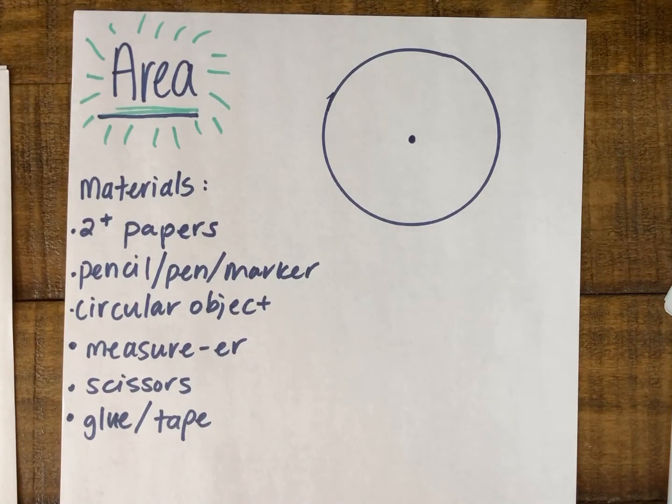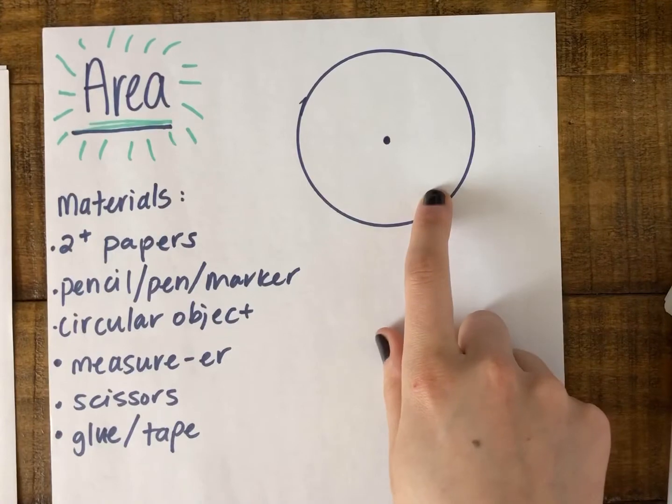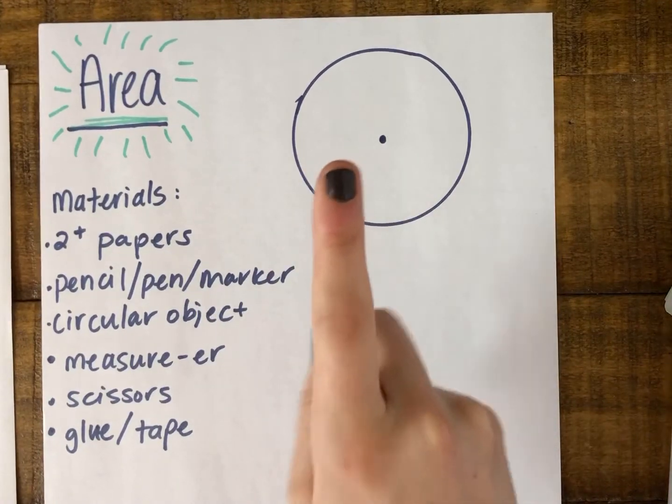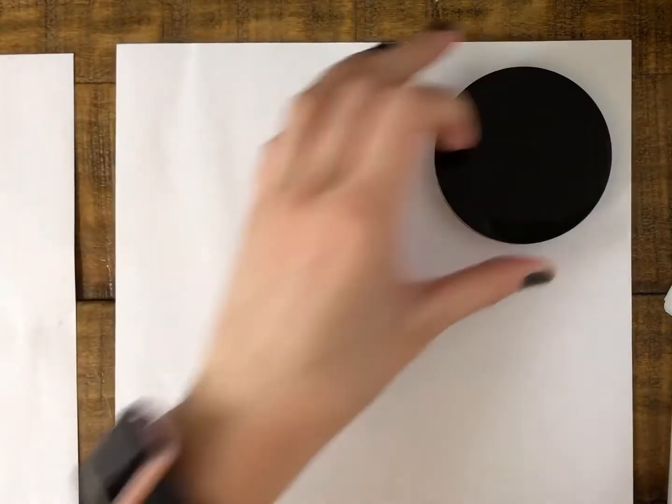Okay, so when we're talking about area, we're talking about the space inside of a circle. So the first thing we're going to do is make 2 copies of our circle, one on the paper that will be your assignment sheet, and then one on your scrap paper that we're going to cut out.